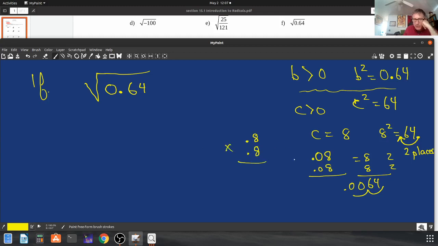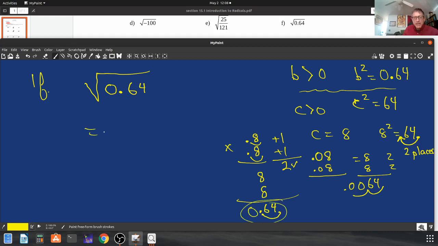This is multiplication. I figure out the corresponding problem by moving the decimal over one place, and then computing 8 times 8, which is 64, totaling up the total number of places I moved, and then moving it back there, and that's what I want.